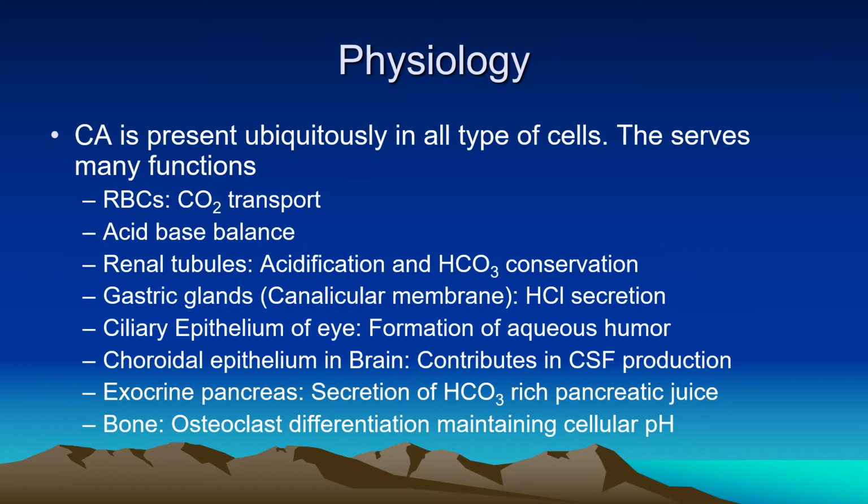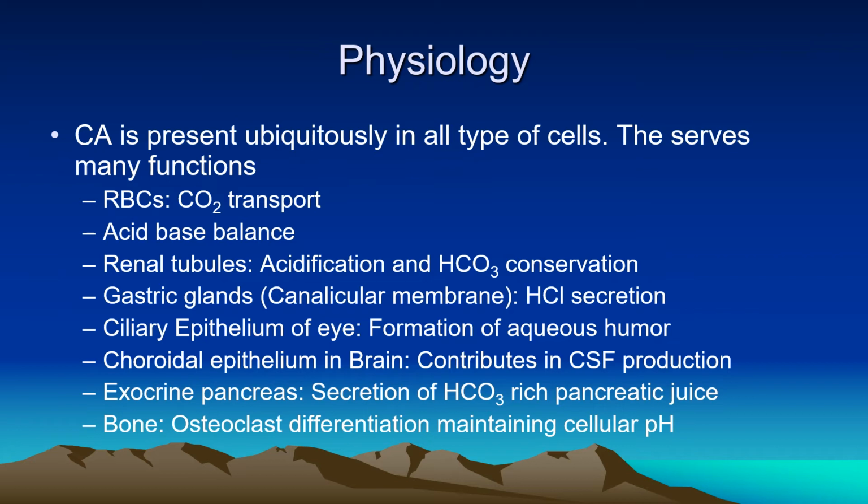One of the important functions of carbonic anhydrase can be seen in renal tubules, and here it acidifies urine and conserves bicarbonate in the body. In gastric glands, particularly in the acid secreting parietal cells, it is involved in hydrogen ion secretion.